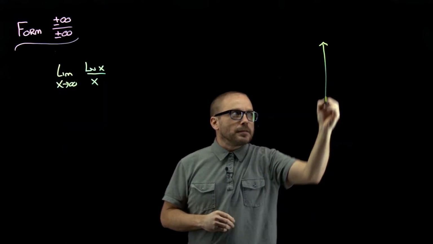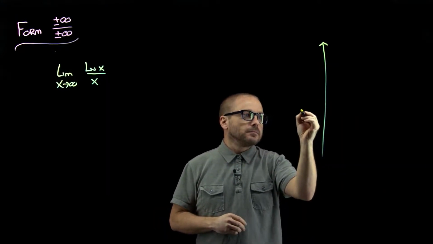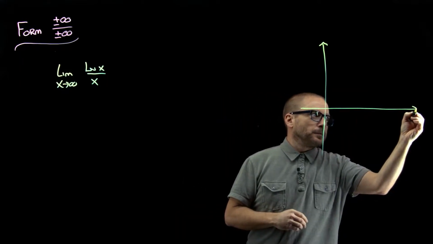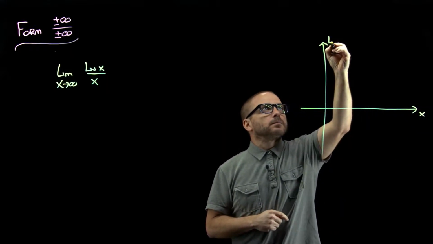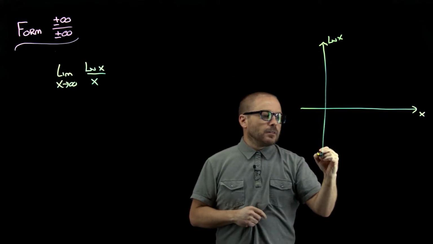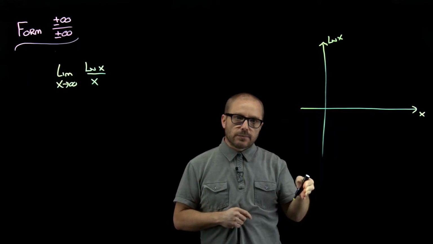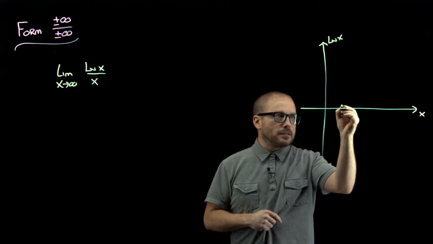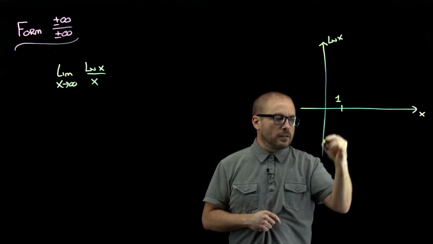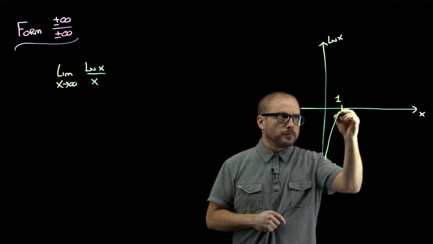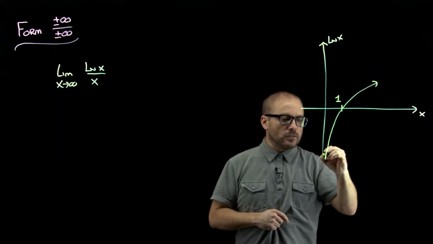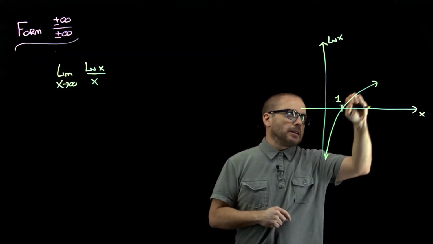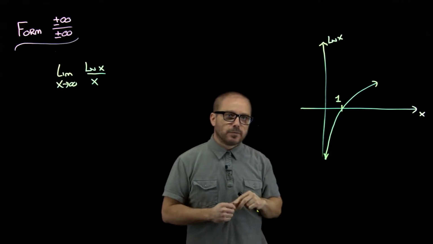Let's just think about the sketch here. Remember, it has a vertical asymptote here at 0. It's not defined at 0. It's 0 at 1. And then it's a lot less steep after 1 than it was before.